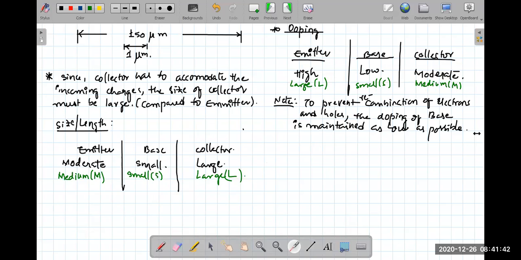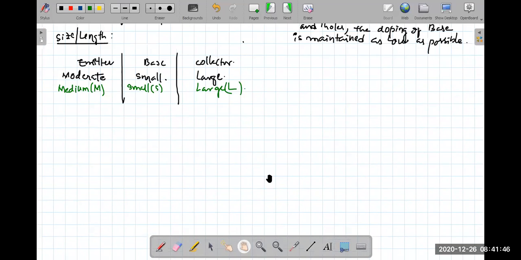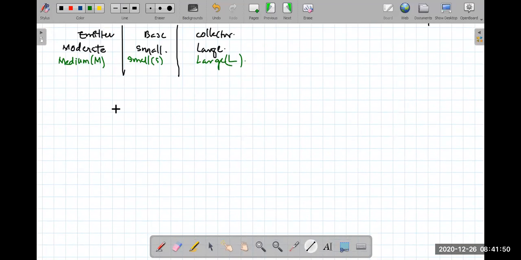Now let's see why the base has to be small. For that, let me draw the diagram for the base. For this explanation, let me take an NPN transistor, because assuming holes to be moving is slightly difficult.